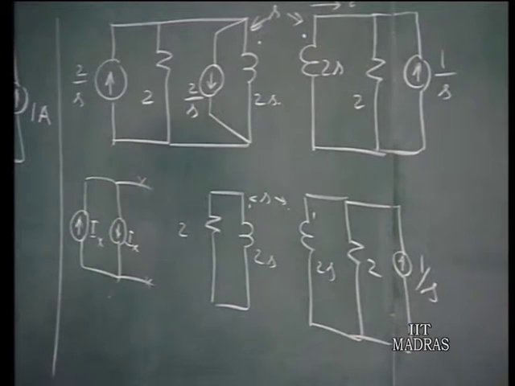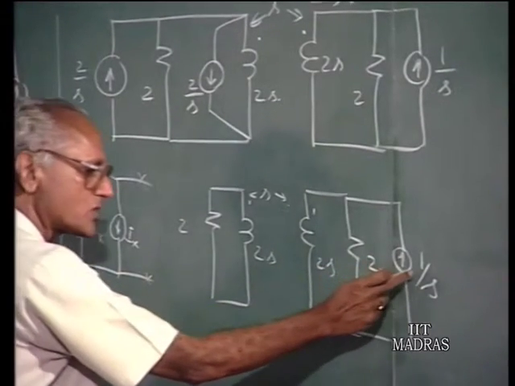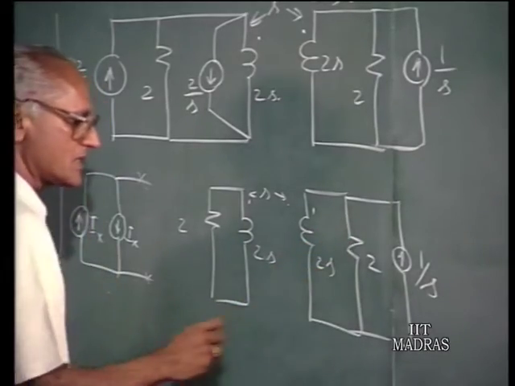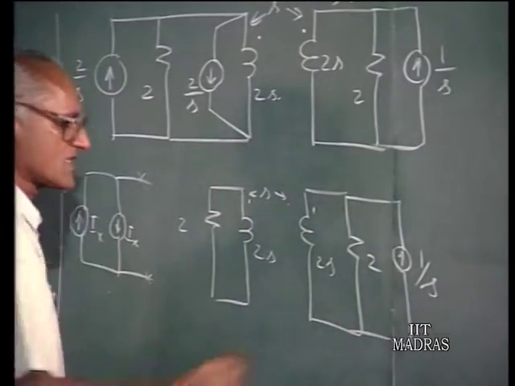So, suppose I like to use the loop current method of analysis, I can convert the current source in parallel with a resistance into a voltage source in series with a resistance.